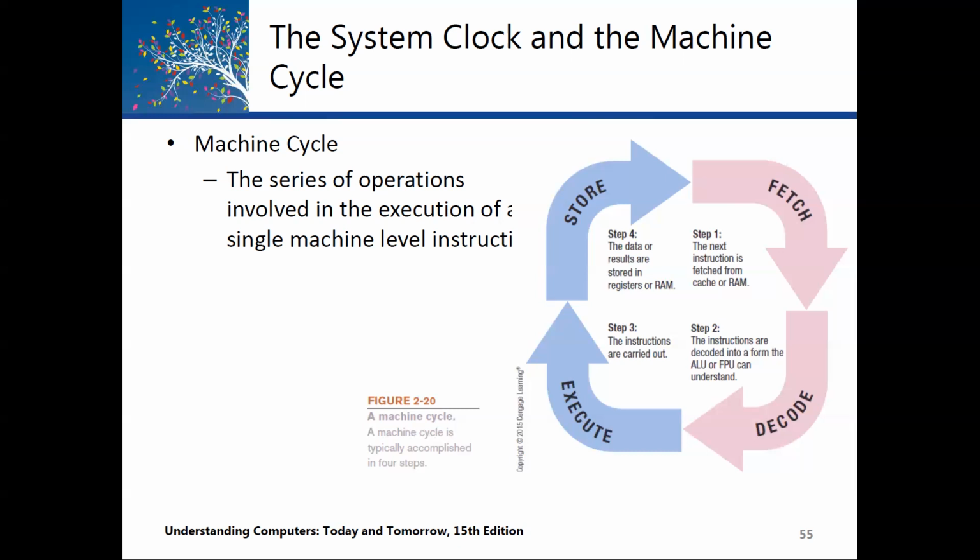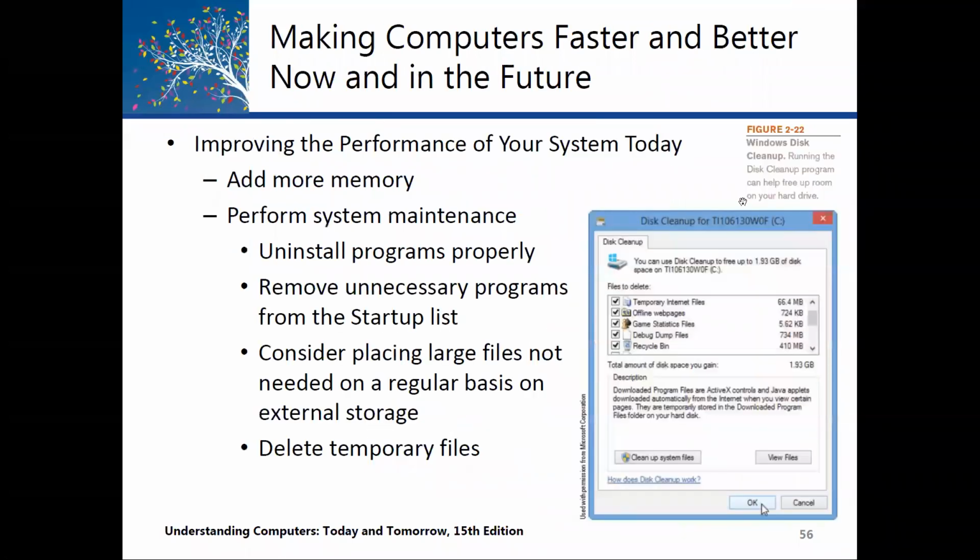At every machine cycle, 4 operations are performed, and in order to perform one operation, several machine cycles may be involved, right? Okay. So now let's see how we can improve the performance of our computer system. If you have an older computer, you can always improve the performance.